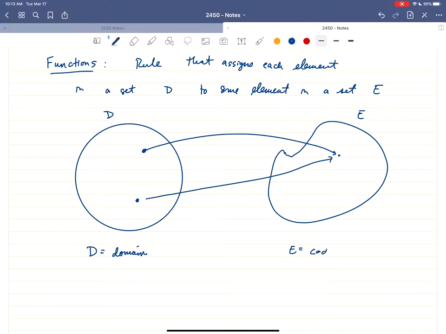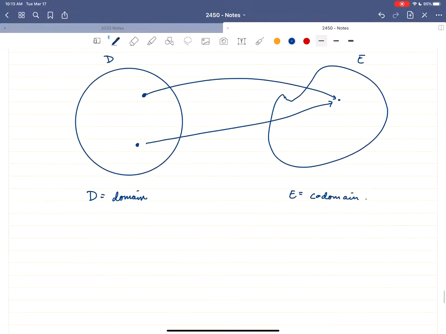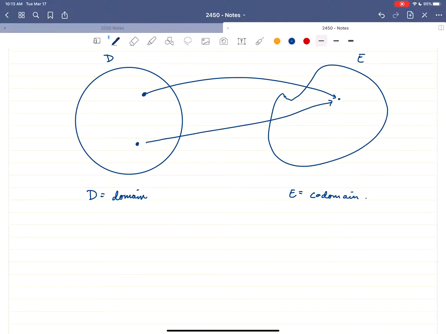E is not the range, but rather the codomain. I'll explain what the range is in a few minutes. So this is the domain and the codomain. We write the notation that f is a function, and f maps the set D to the set E.